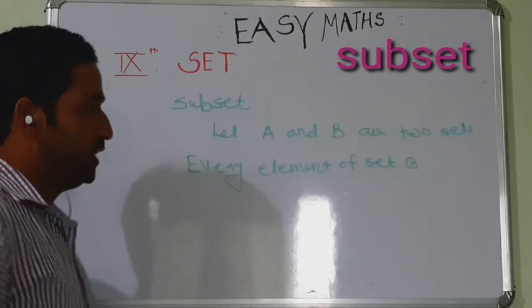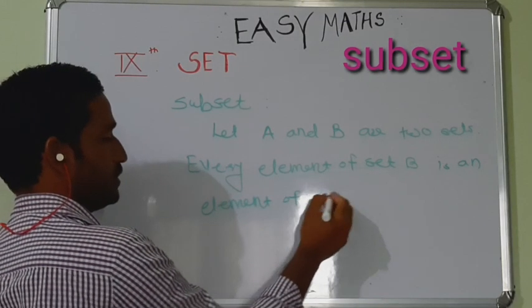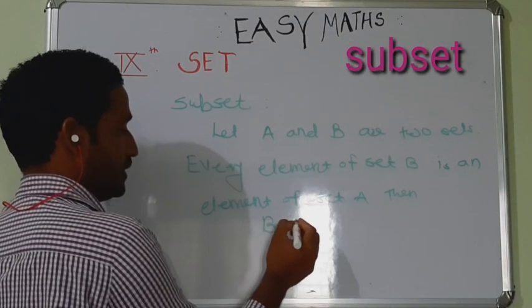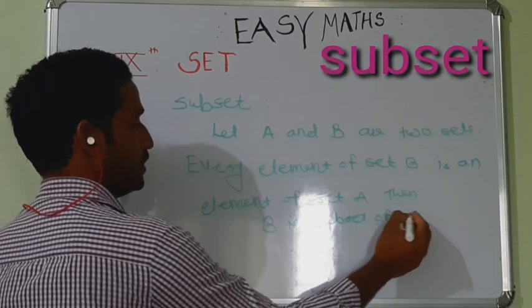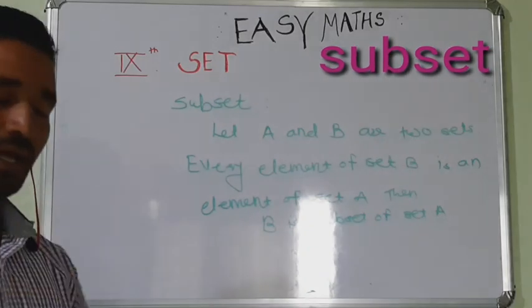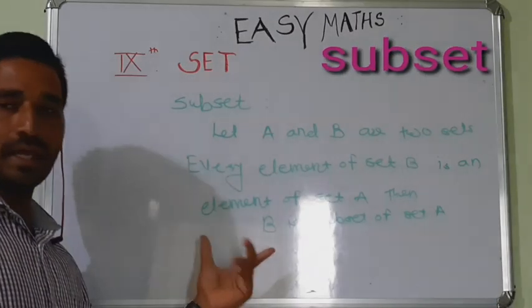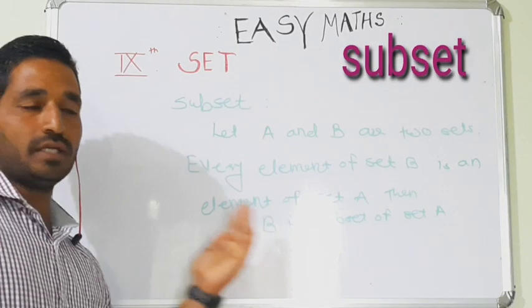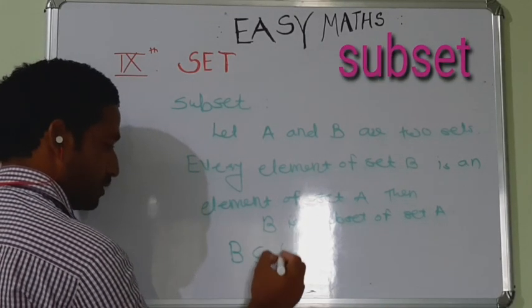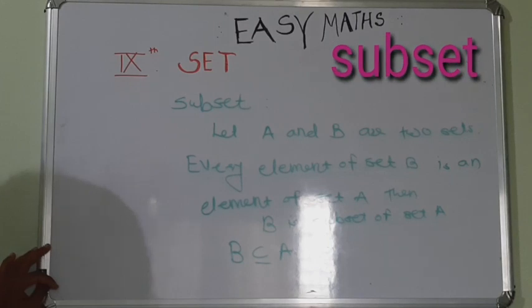Every element of set B is an element of set A. Then we can say that B is a subset of set A. This is represented as B is a subset of A, and read as B is a subset of A. Got it?